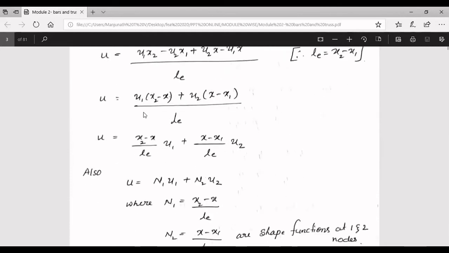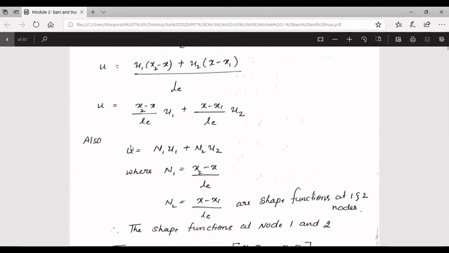Writing these terms separately, the equation becomes u equal to (x2 minus x) divided by LE times u1 plus (x minus x1) divided by LE times u2. Hence the variable displacement becomes u equal to N1 u1 plus N2 u2, where (x2 minus x) divided by LE is N1, and (x minus x1) divided by LE is N2.